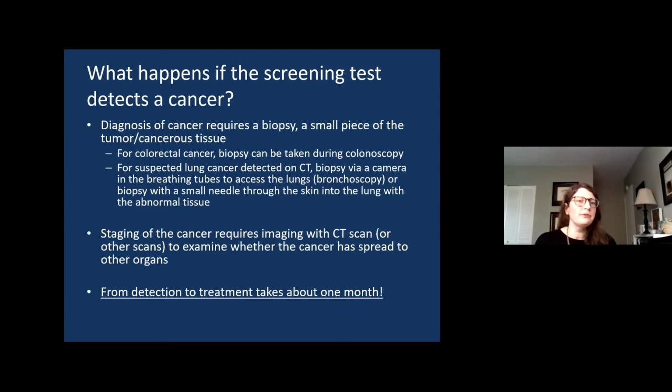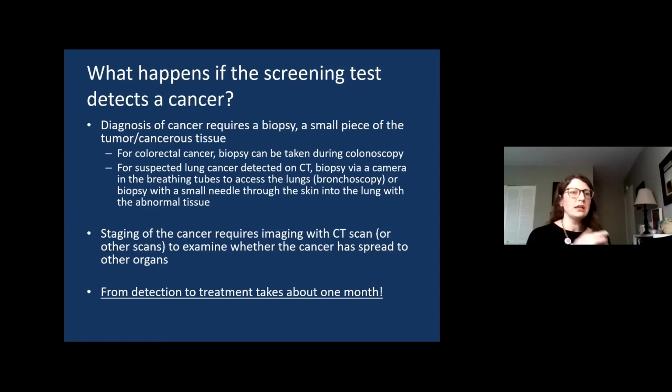And so what happens if we detect a cancer with these screening protocols? The standard diagnostic procedure that we need to diagnose a cancer is called a biopsy. We take a small piece of the abnormal tissue and look at it under the microscope. If you got a colonoscopy and it identified a cancer, that would serve as the biopsy for the diagnosis.